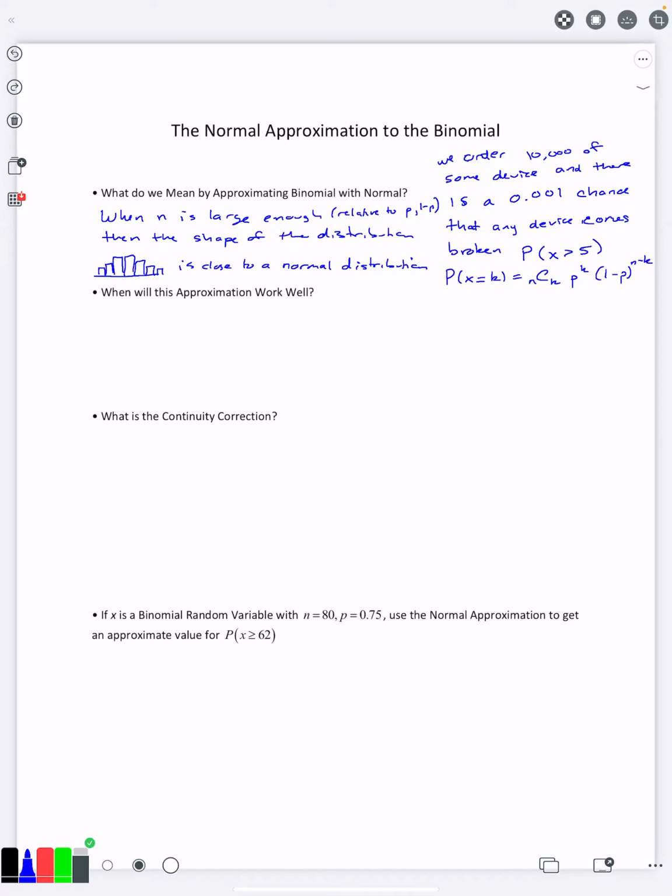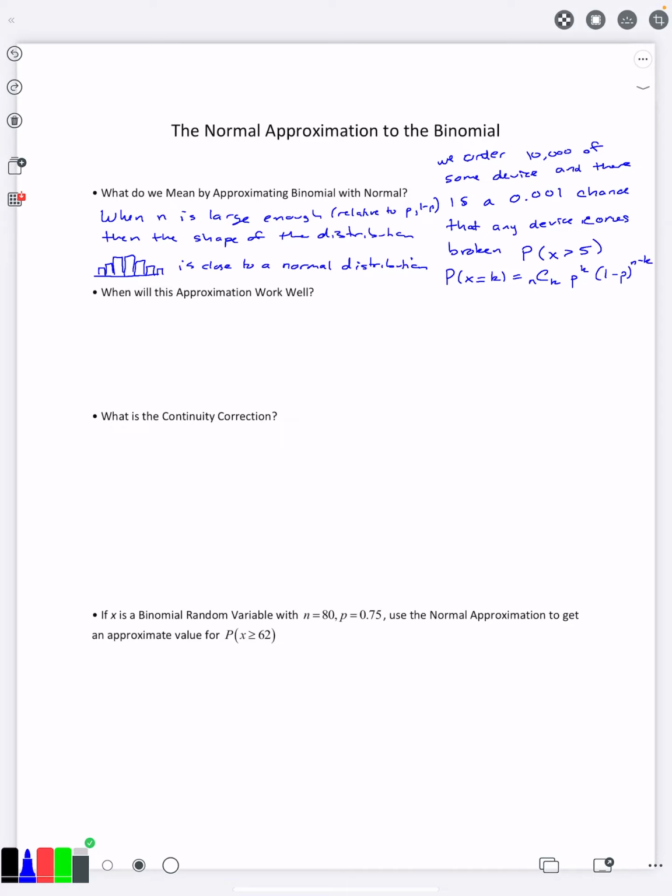Now, this next question I asked is, when is this approximation going to be good enough? When is it going to work well? And that's actually not an easy question to answer, and there isn't necessarily even one correct answer to it. In fact, in all the time I've been teaching statistics, I have seen different books give different answers to when this is going to be a good enough approximation.